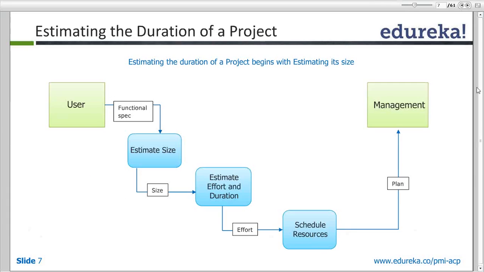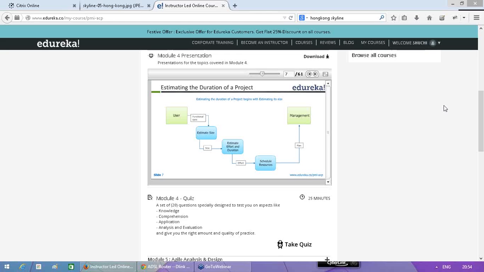Clear? Okay. So this is a typical flow diagram of how the estimation of a project happens. Generally, the way it starts is, as a user story, we get a functional spec from our client. As a team, those functional specs are estimated, right?